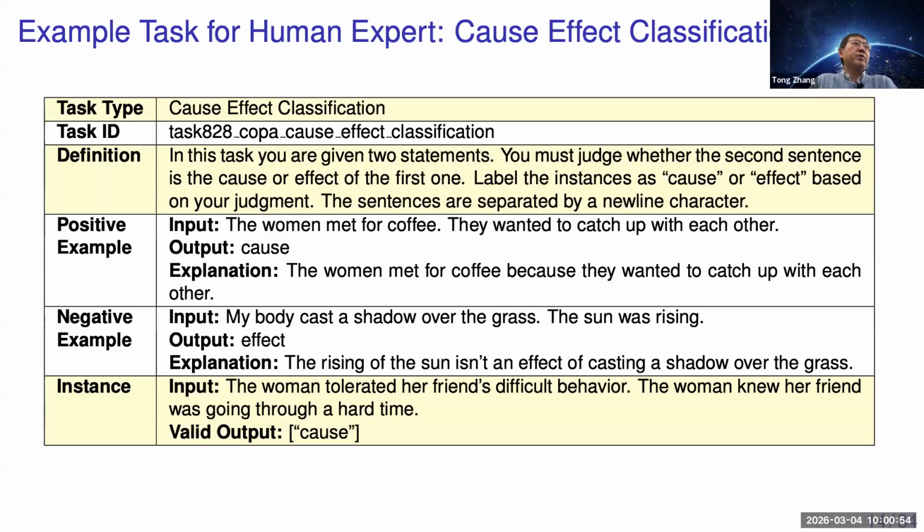So it's somewhat like reasoning. Label the instance as cause or effect based on your judgment. This requires natural language inference, in the sense of causal effect inference. You really need a true understanding. Before LLMs, this was considered a pretty hard problem, even for BERT and earlier models.